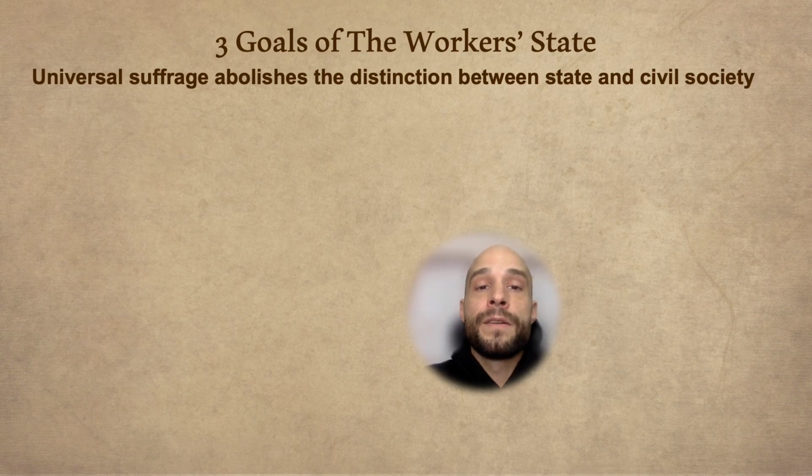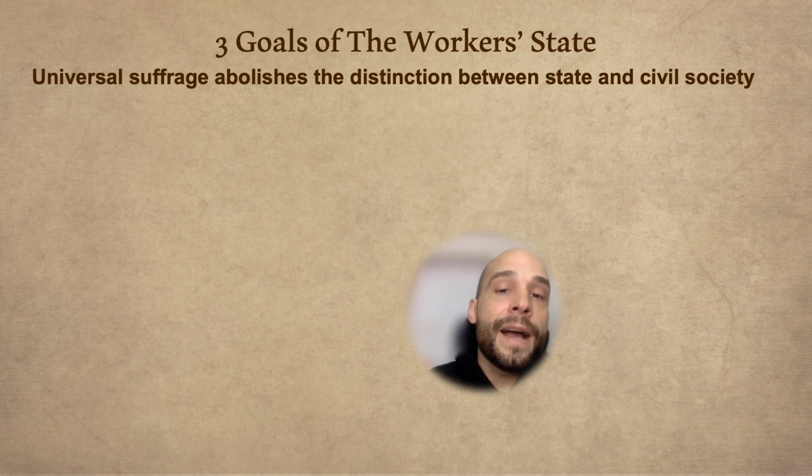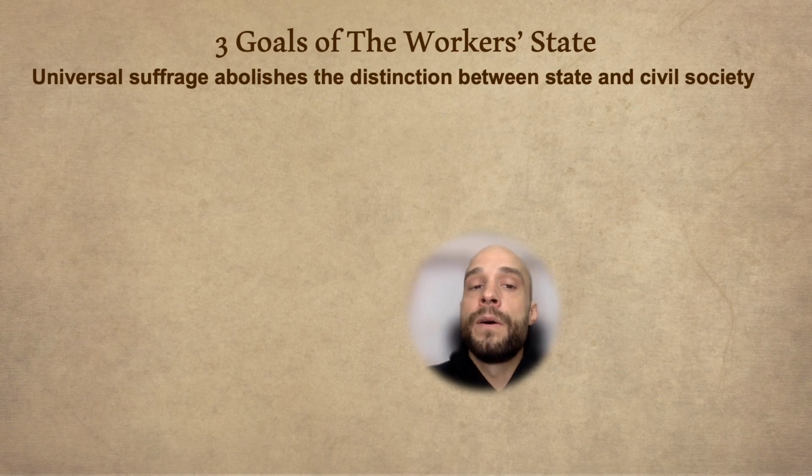As democratic control expands into public administration, economic coordination, and civil society, suffrage is no longer just a political mechanism, it becomes a social principle, the generalized capacity of people to participate in governing the conditions of their own lives. For Avineri, this process has a dialectical endpoint.